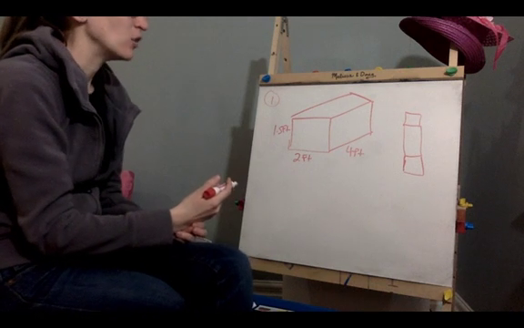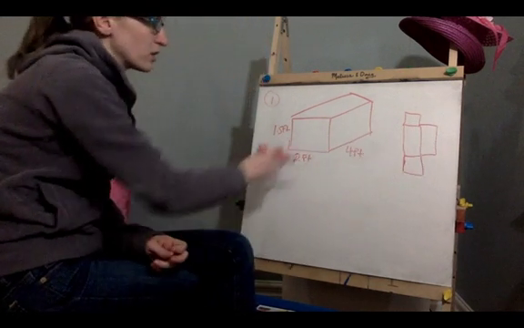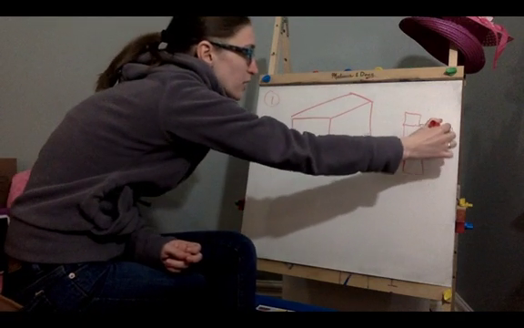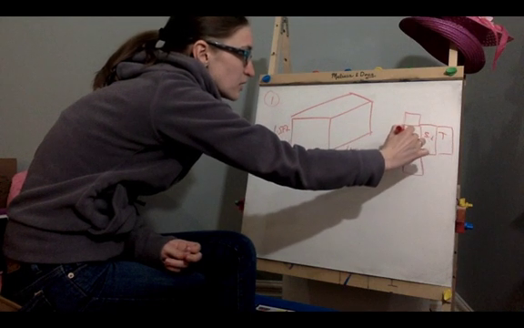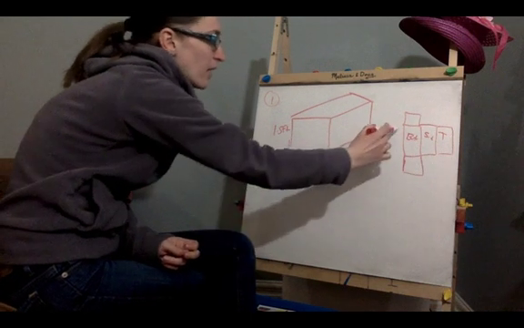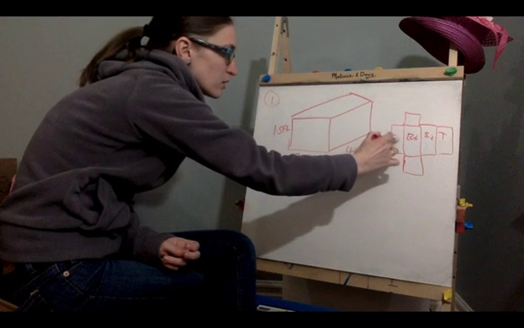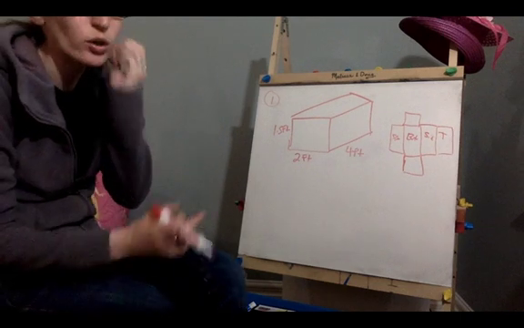Then you'd have other rectangles along the side, this one folding down, and the top attaching with it. So this is the top, this is a side, this is the bottom, and this would be your other side.